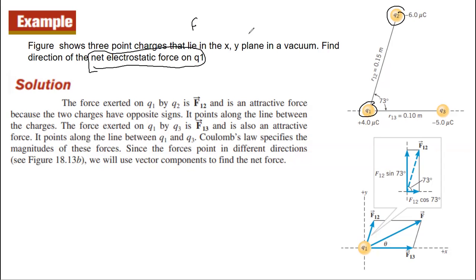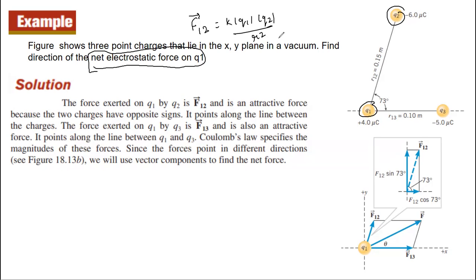So the second charge is present, so Q1 will feel a force due to its presence, right? So the force on charge 1 due to the second charge is F12. So F12 would be K Q1 Q2 upon R square, right? So this will be given by your Coulomb's law, right?